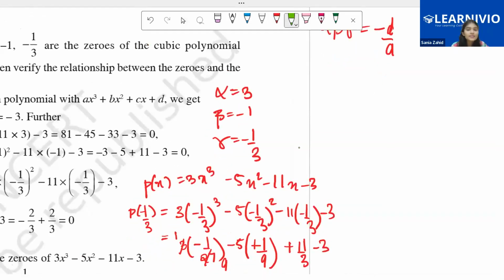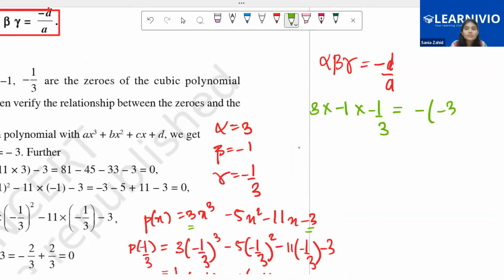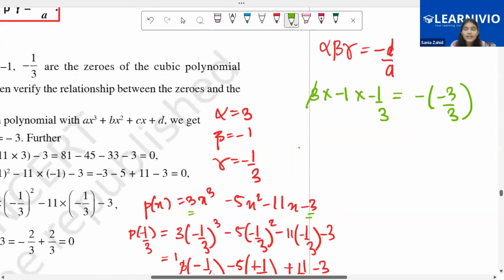So d is 3, right? A is also 3. So alpha, beta, gamma should give you 3 into -1 into -1/3 should give you -3/3, right? So let's check. 3 and 3 cancel. -1 into -1 is +1 is equal to +1 because 3 and 3 cancel.